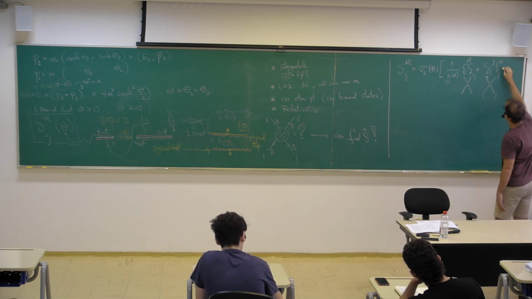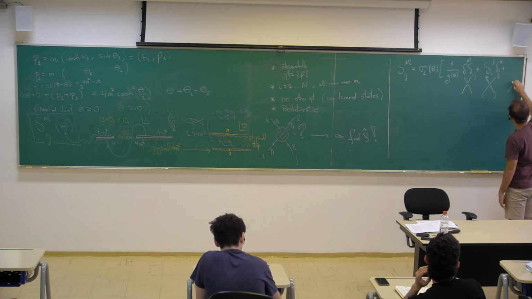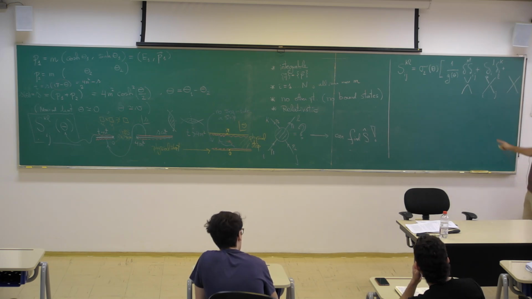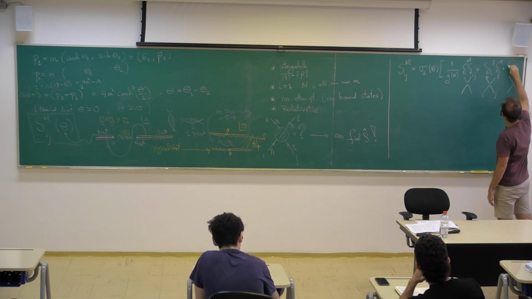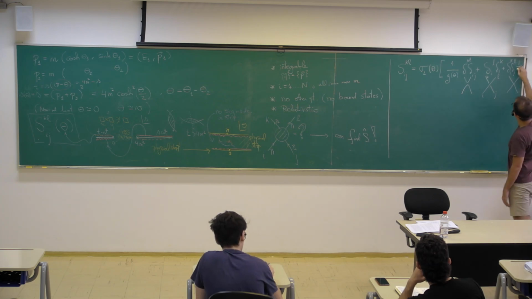And finally, there is another process, when the indices are like this, for the particles that bounce back. So this would be annihilation, transmission, and reflection, where delta_ik delta_jl, and the function I call 1 over h of theta.